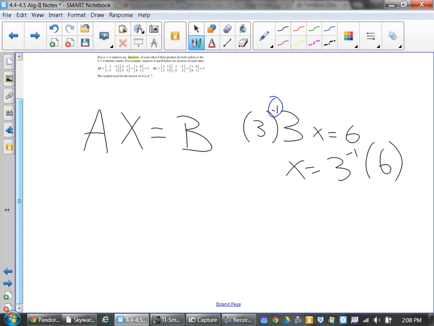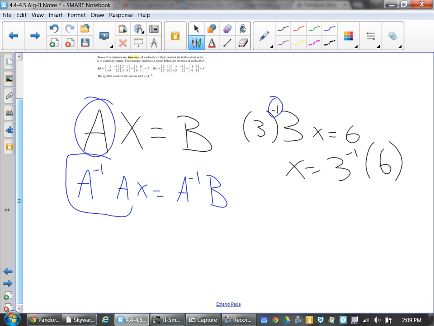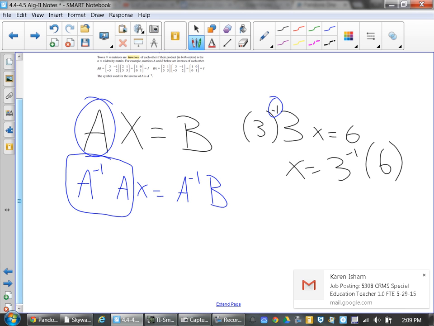What we're going to do here is move this value by doing the following property: multiplying both sides by what's called an inverse. When you multiply these two values together, you get what's called the identity matrix, with 1's on the diagonal. And whenever you multiply something by 1, does it change it?